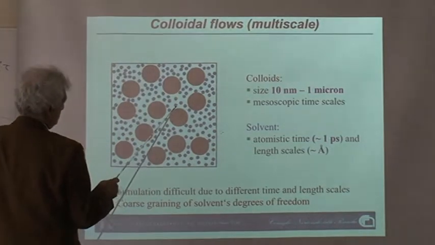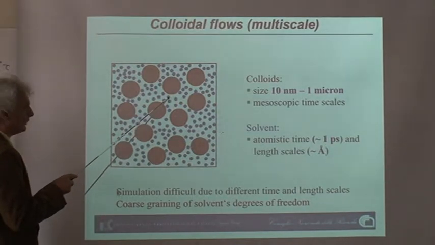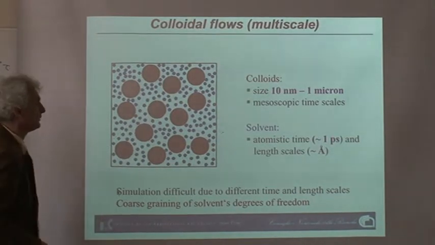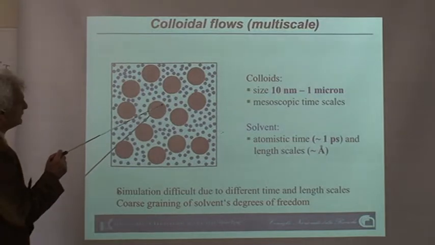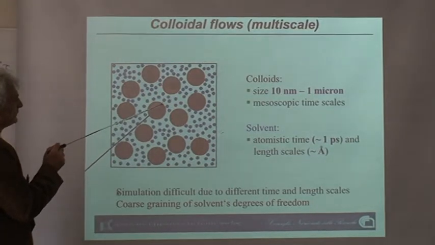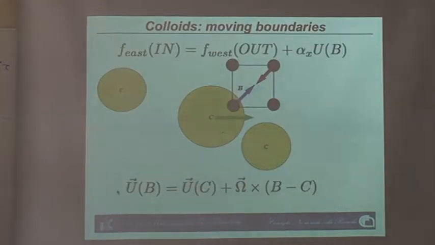Here there has to be a good scale separation between the effective molecular motion of the water and the colloid motion. But you have to put in another ingredient, which is the fluctuation induced on the colloid by the molecules if you go to the nanoscale. So this is technical, it's not easy.